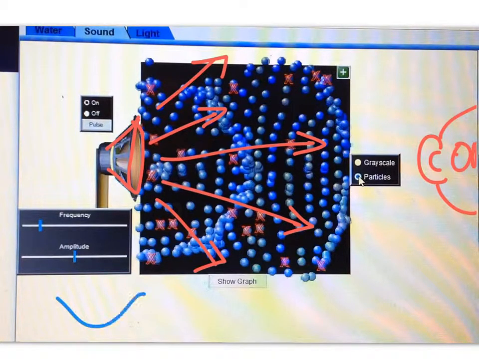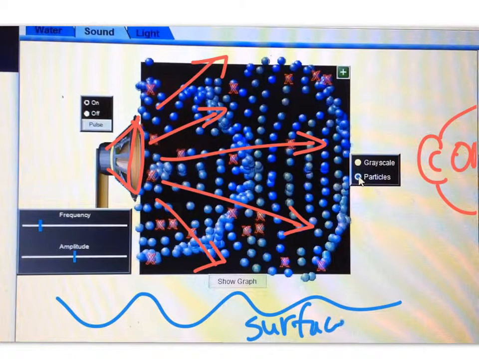And technically, when we talk about ocean waves, it's not like the water molecules move straight up and down. They do move in this circular path. Sometimes those are referred to as surface waves. So there's a little bit of longitudinal motion and a little bit of transverse if they're going in this circular path.